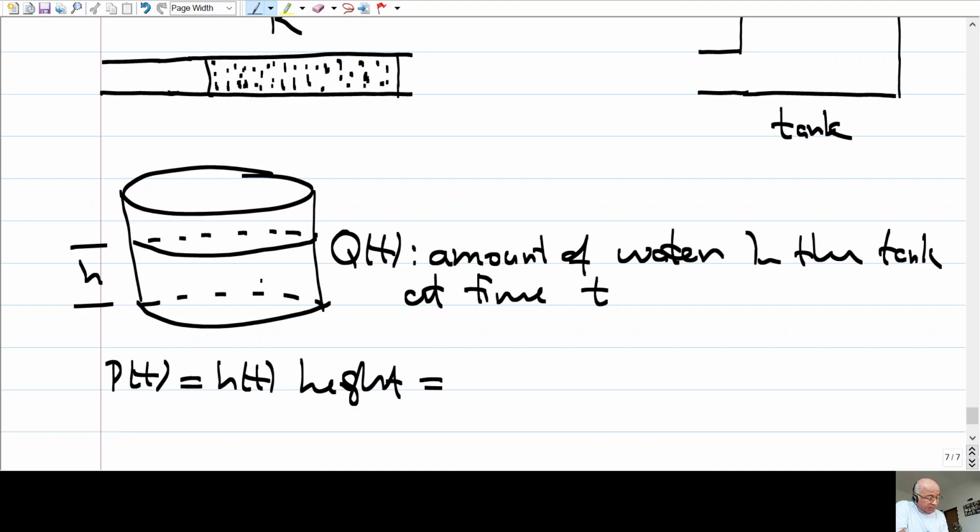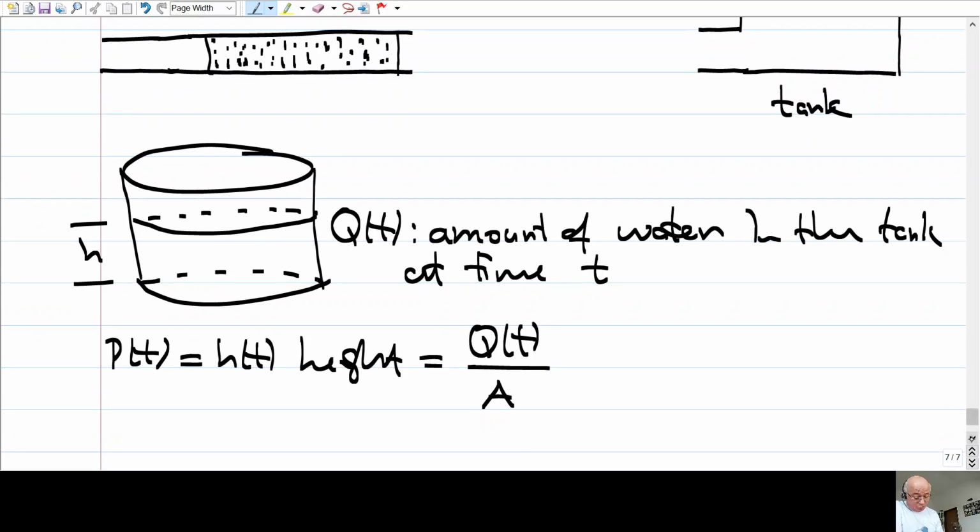And what is that height? It is just the total amount of water divided by the cross-sectional area, right? AT, A, cross-sectional area.